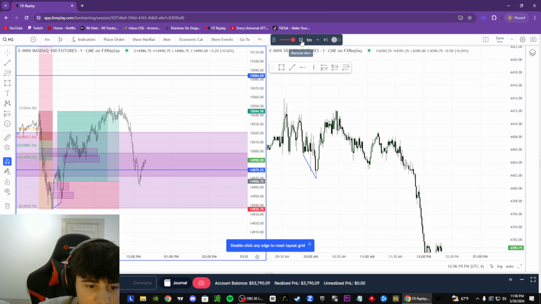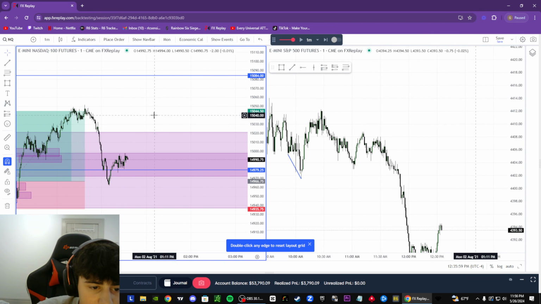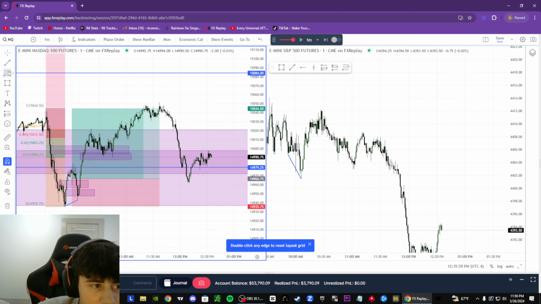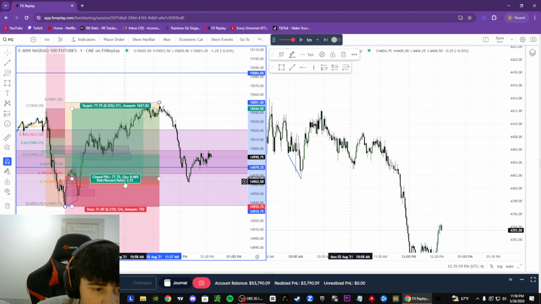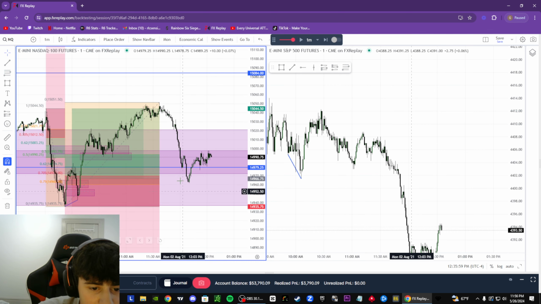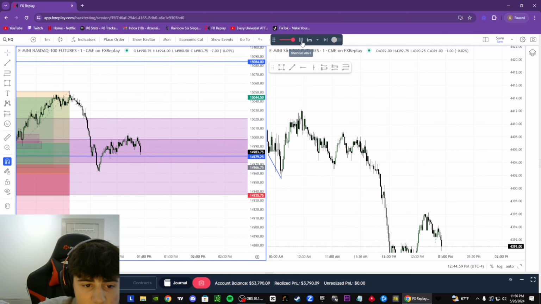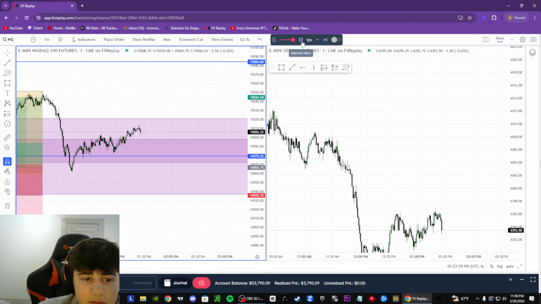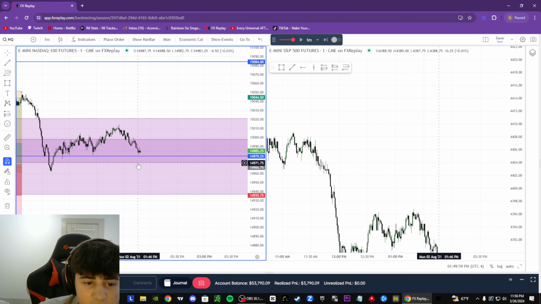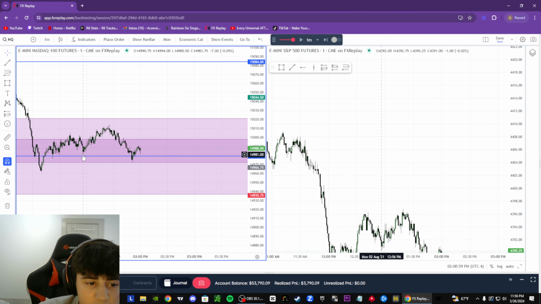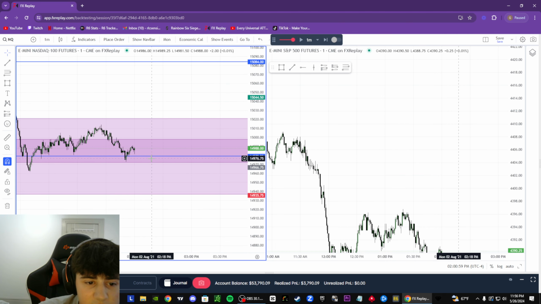So we're chopping, we go down, and let's see where we go down to on the fib. Oh, what do you know? It's OTE. And it's about to be the end of lunch, and we're chopping, just like I said. We just broke structure here, but it's manipulation, and we're still respecting this fair value gap.